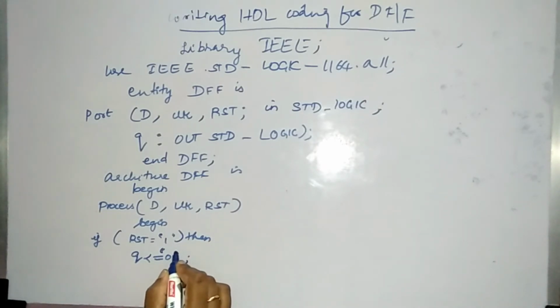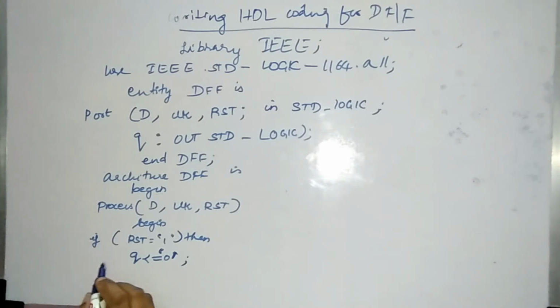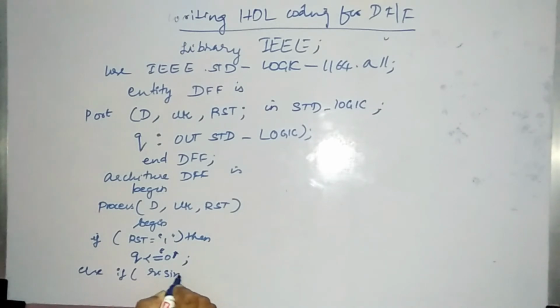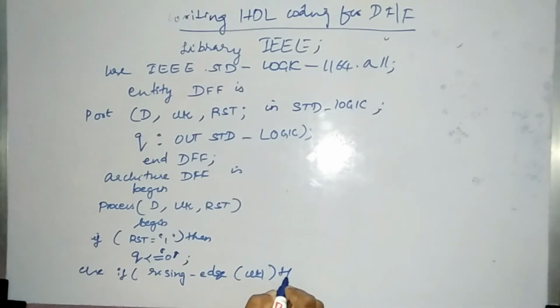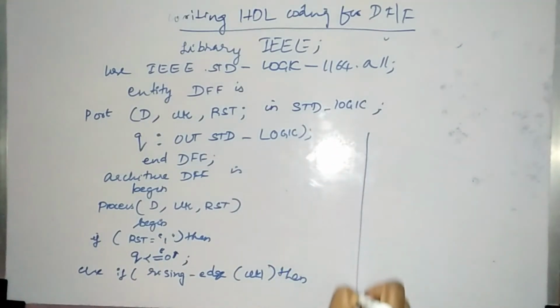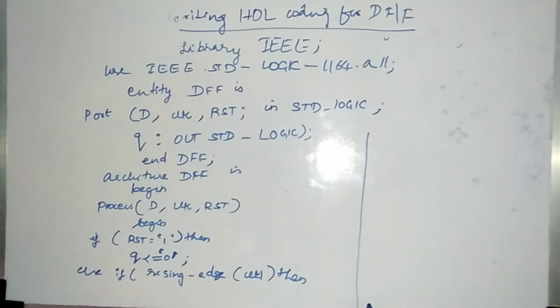That is what I have written here. Else if rising edge of clock, that is, whenever the clock has the rising edge, the input will be equal to the output. These are the two conditions I am mentioning here.